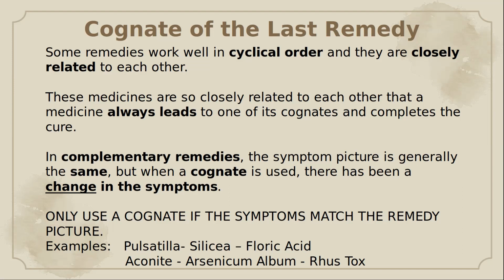And after you prescribe silica for that state, then it will again bounce back into pulsatilla. It means the patient will again show similar symptoms to when you gave pulsatilla. So it will go round and round. To break this cycle, fluoric acid works really fast to break the cycle of these changing states.